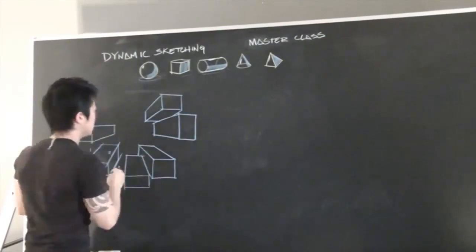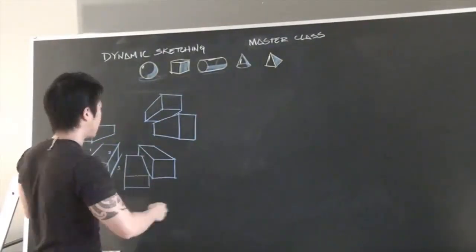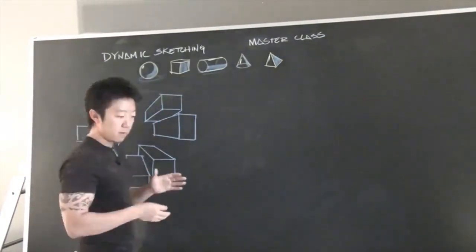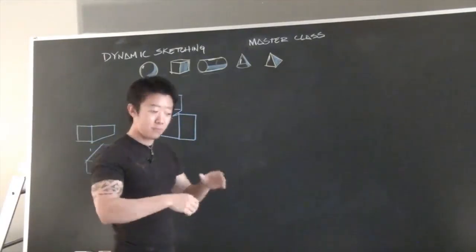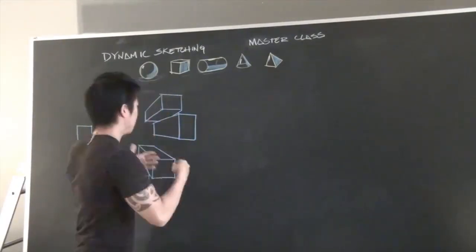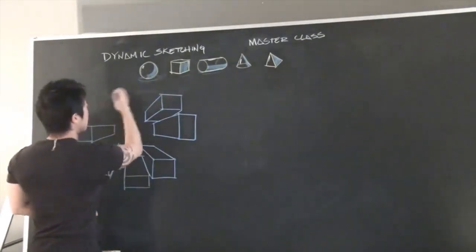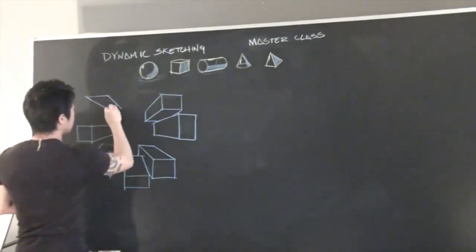Remember, this is supposed to help you develop quick draw, quick sketching. So we can't sit there plotting every single thing out with vanishing points and horizon lines. If you're in front of a client and you got to sketch something out for him in front of him, you can't sit there and have a ruler and do everything for him. You got to be able to just eye your perspective quickly, lay it all down, and make sure just visually it looks correct without having to plot everything out.